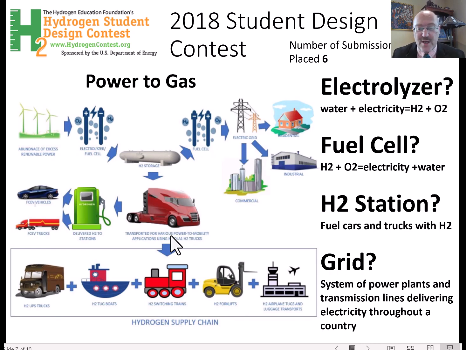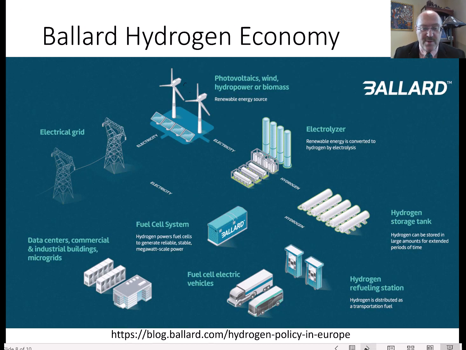So very large distances are limited by the weight of the batteries. Although batteries are improving, it's still a challenge to have a long distance. Or you can put liquid hydrogen on a boat, or even liquid hydrogen planes are being considered, as we discussed before. So this is a very broad economy.